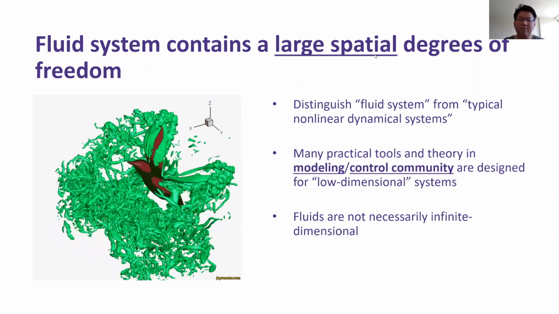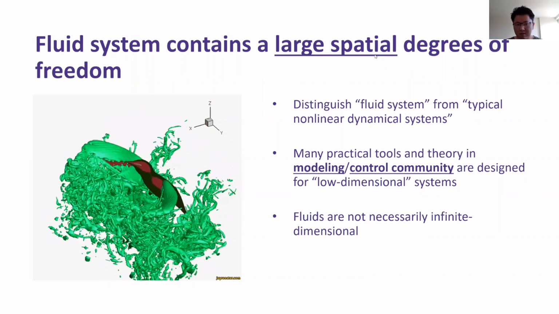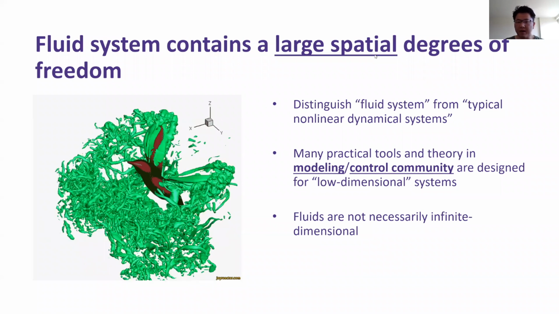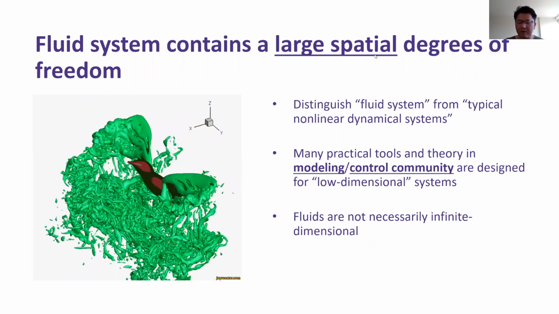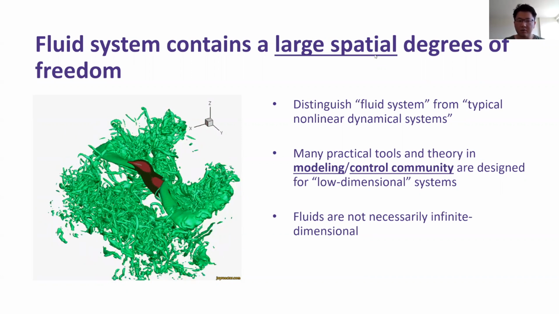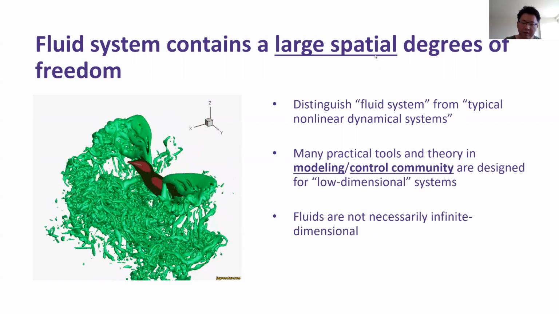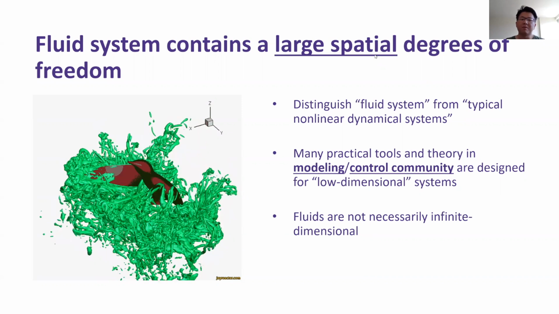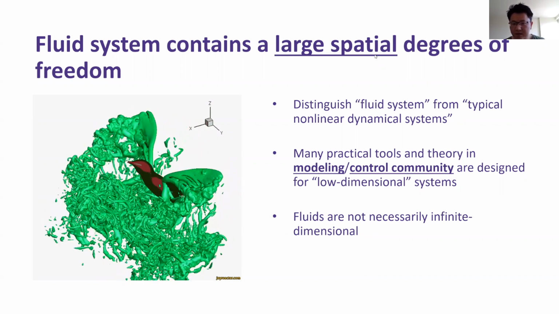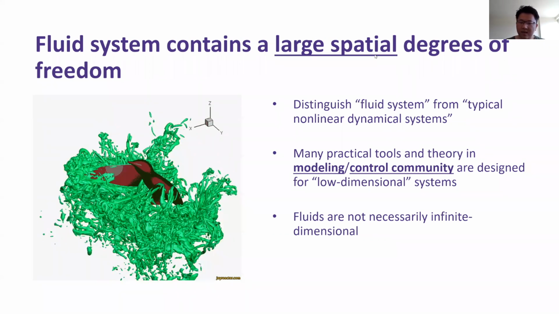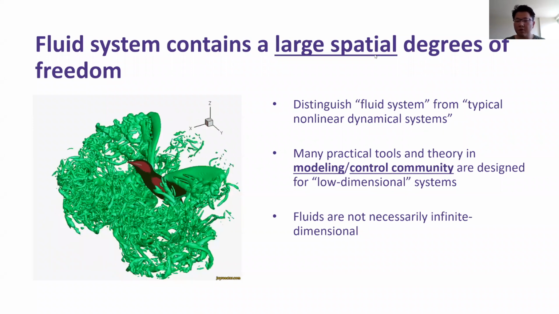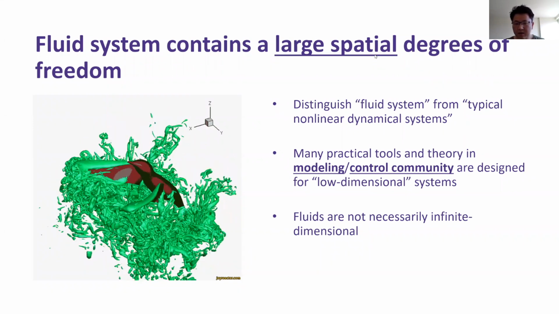If we think about a PDE system as a dynamical system, the easiest way is to discretize the PDE, and we end up with giant ordinary differential equations. From this perspective, the fluid system contains a huge number of spatial degrees of freedom, which is the key thing that distinguishes it from typical nonlinear dynamical systems.